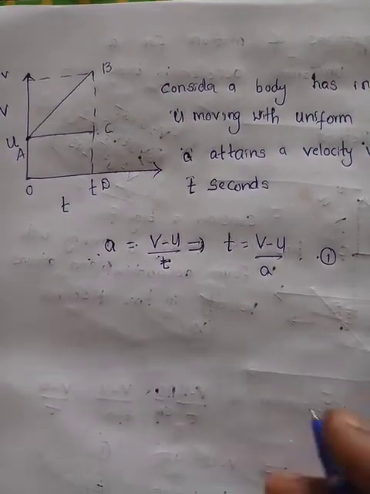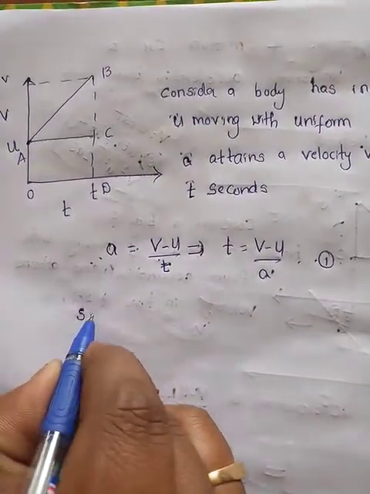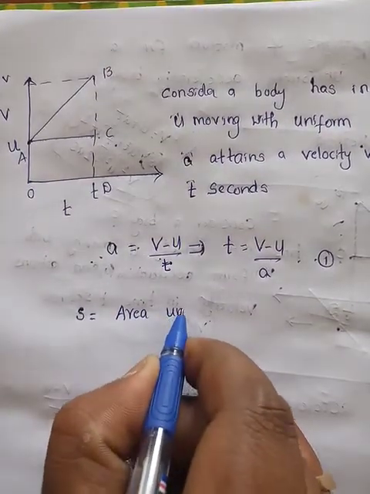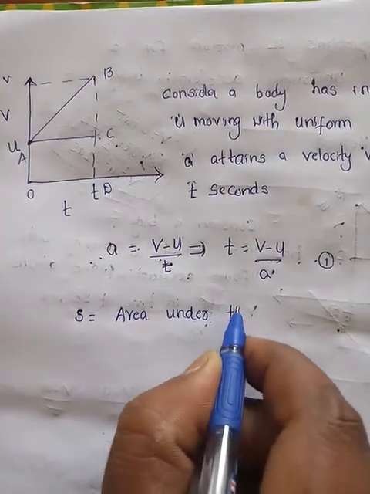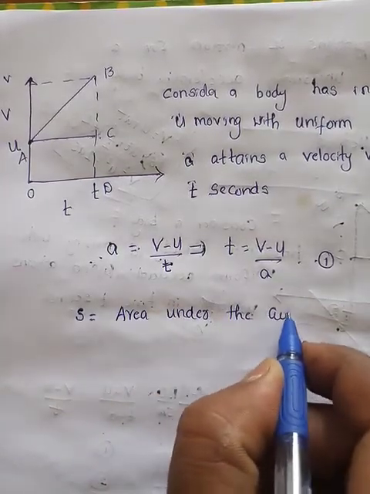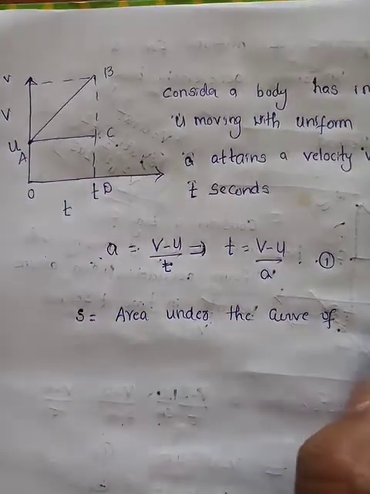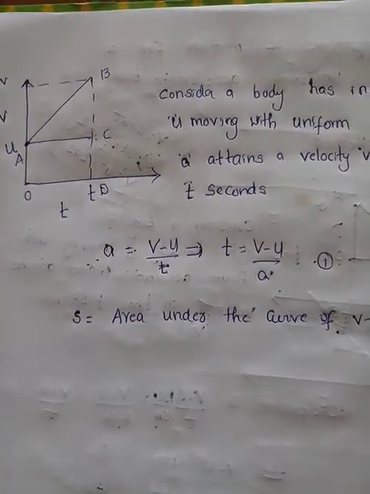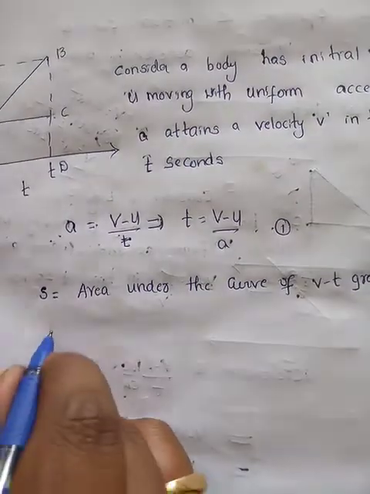What is the formula? Displacement is equal to what? Area under the curve of the v-t graph. So, what is the area under the curve?